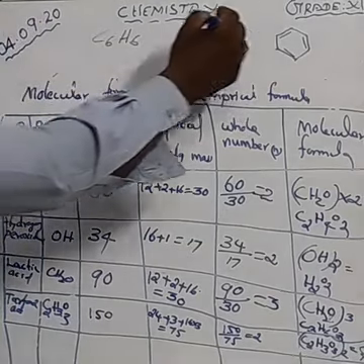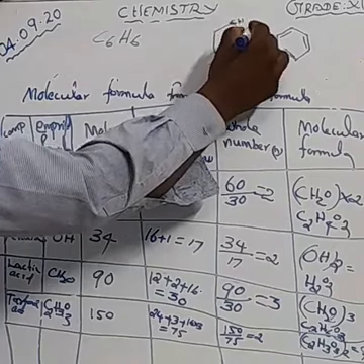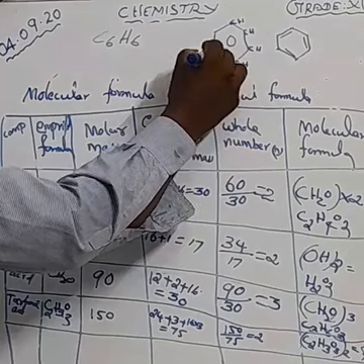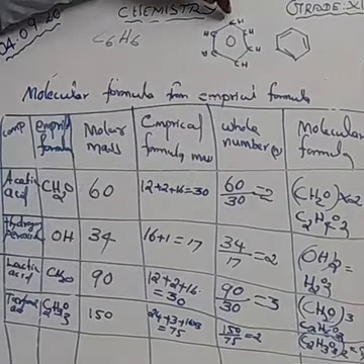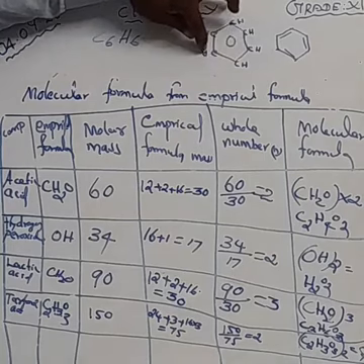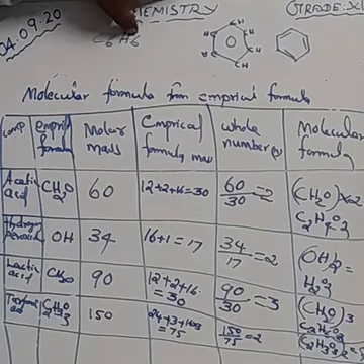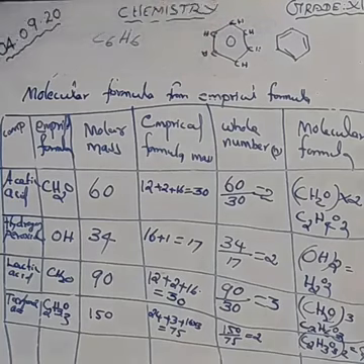So each position having CH, CH, CH, CH, CH, CH. So how much carbon is there? 1, 2, 3, 4, 5, 6. 6 carbon. How much hydrogen is there? 6 hydrogen. 1, 2, 3, 4, 5, 6. 6 hydrogen.